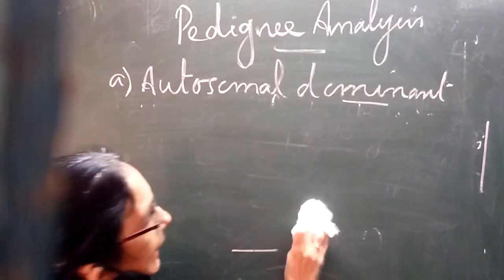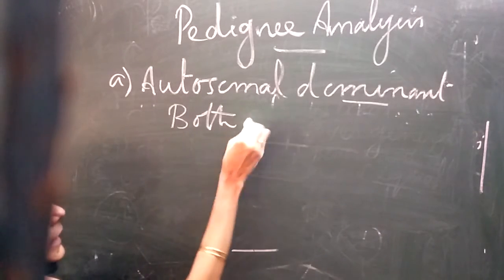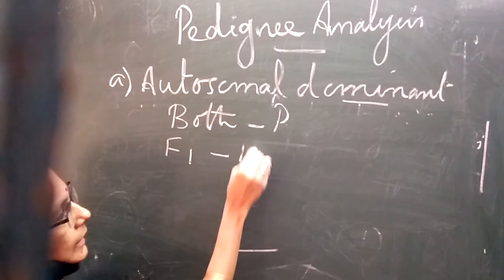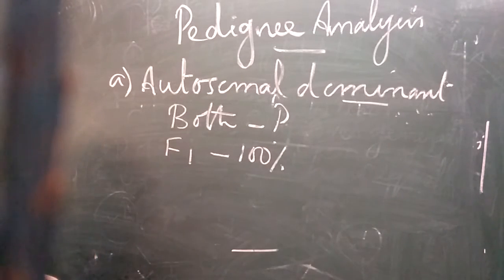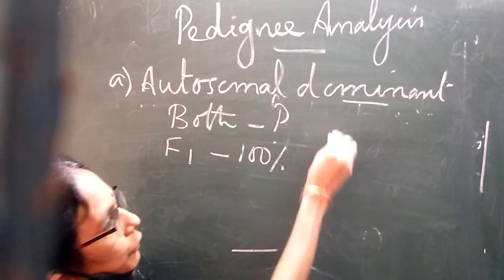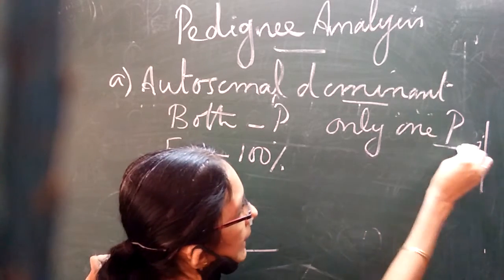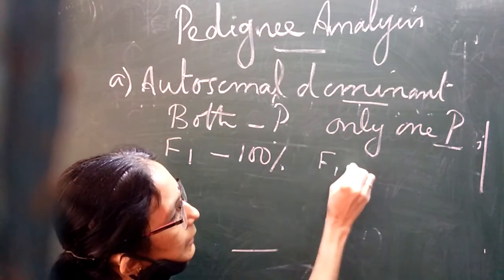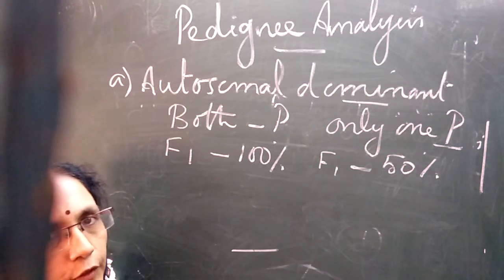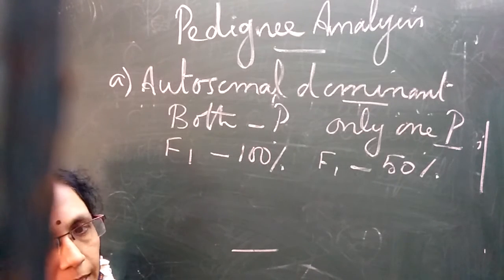Now the third rule is there. In case of parental generation, if both the parents are affected, then in the F1 generation 100% of offsprings will be affected. But among the parents, if only one parent is affected, then in F1 generation there are possibilities for 50% of their offspring to be affected.